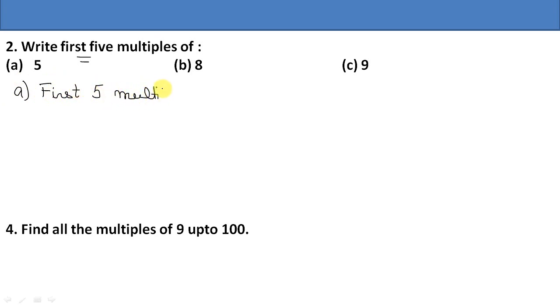of 5 are. So पहला 5 की टेबल में नंबर क्या आता है? 5. Next 5 2s are 10. 5 3s are 15. 5 4s are 20. And 5 5s are 25. So these 5, 10, 15, 20 and 25 are the first 5 multiples of 5.